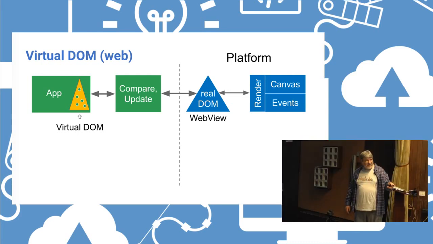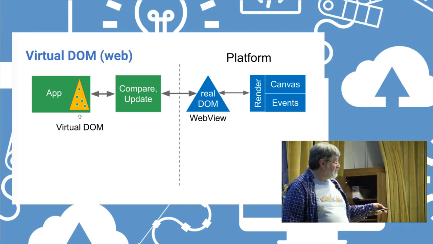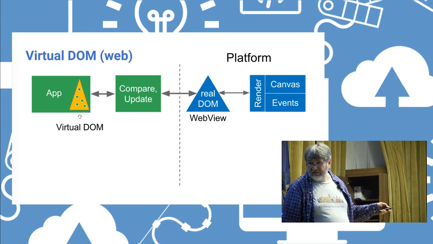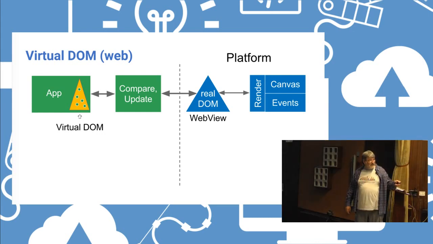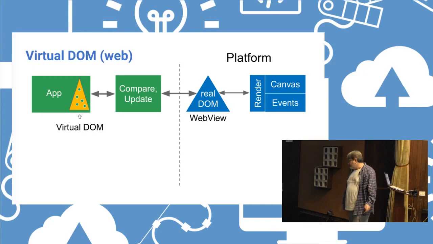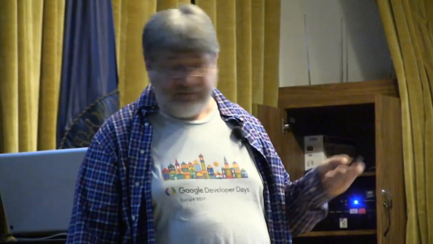They update it. And then after that happens, this DOM is rendered to your screen. Okay? And that sounds like an awful lot of work. You create a tree here, you update this tree, and then you have to render it. But it turns out that it's really fast because manipulating the DOM is very, very expensive. So if you can avoid doing that, that's great. So on the web, this was a really big win.